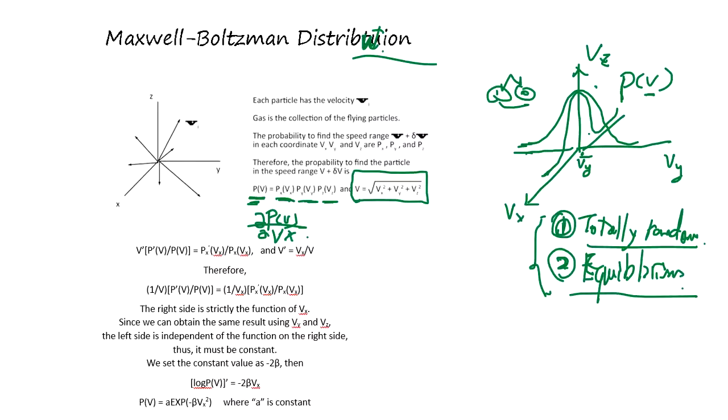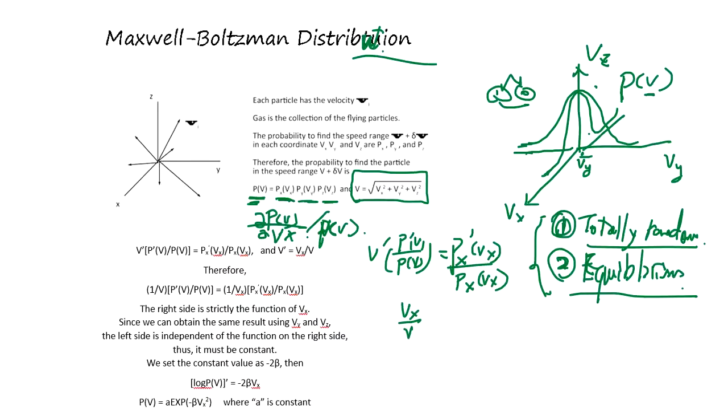We don't care about Vy, Vz because they're independent, right? And divide by P over V. Then we will get this equation. And Vx over V is V prime here.